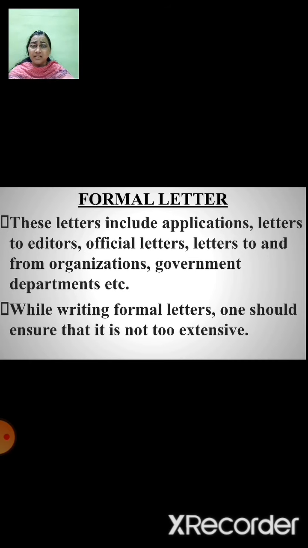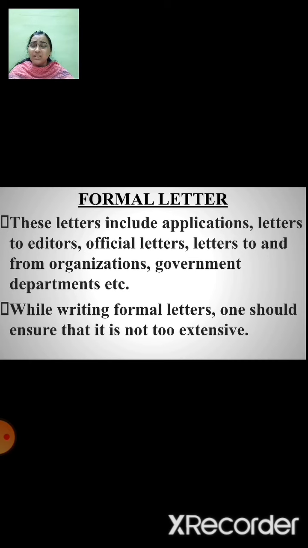These letters have an object in mind. While writing a formal letter, one should ensure that it is not too extensive. And students, these letters are supposed to be to the point.